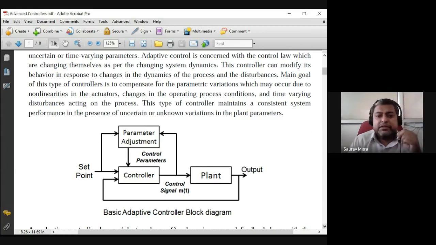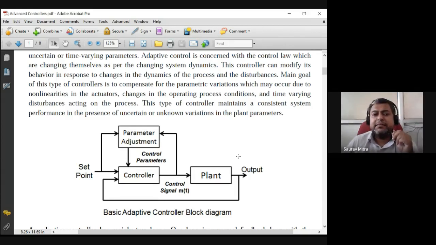So adaptive control is concerned with control laws which change themselves as per the changing system dynamics. So vehicle dynamics has to change according to the condition through which the vehicle will be driven. That means road condition, maybe light condition, maybe rain, or maybe a traffic jam and all those things. So through all this, the vehicle has to adjust its performance.